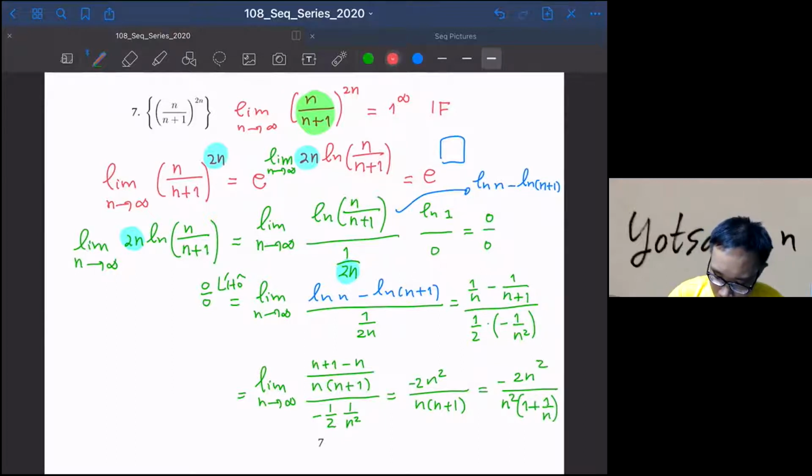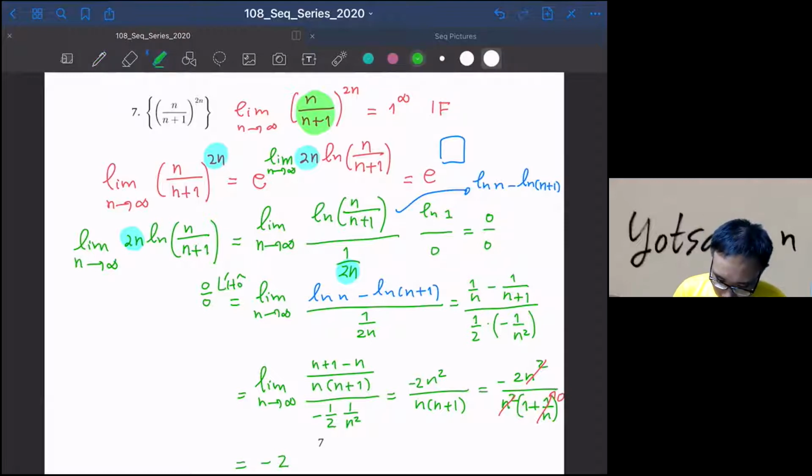The n squared cancel each other, and as n goes to infinity, 1 over n becomes 0. So the whole number that you get here is negative 2. So negative 2 is this limit.